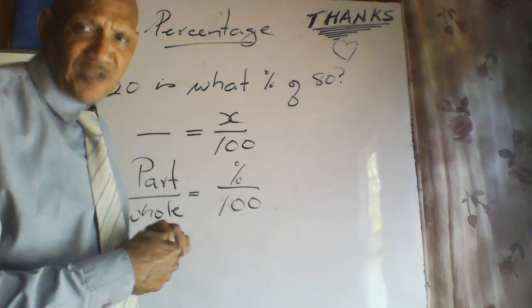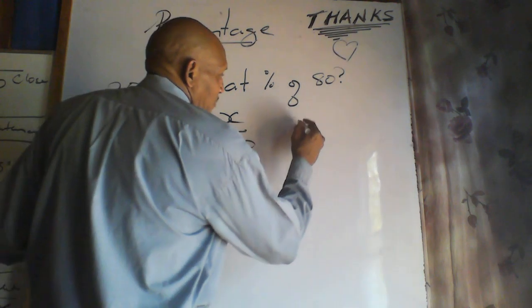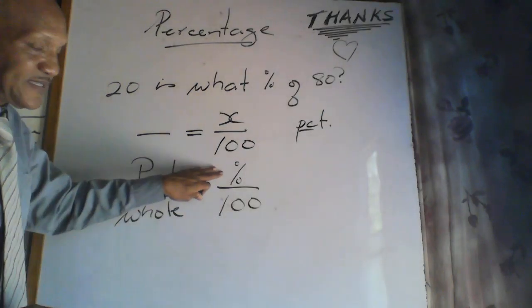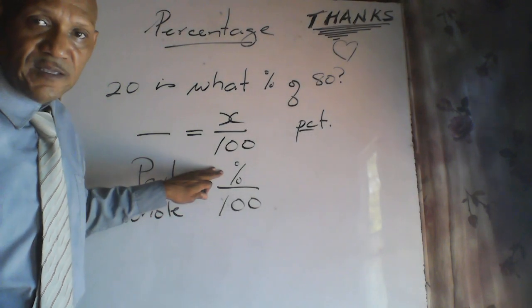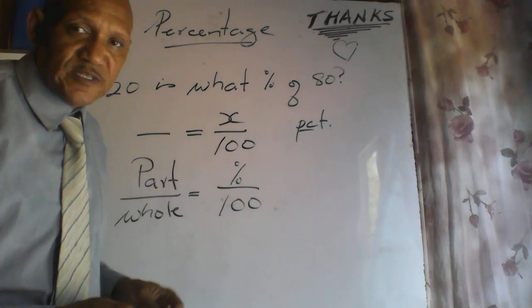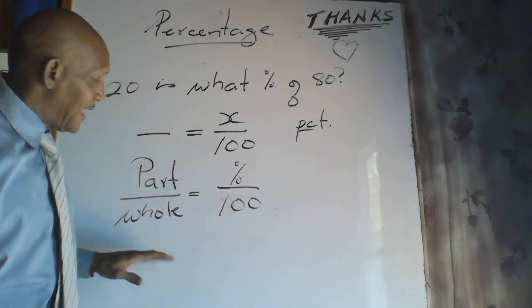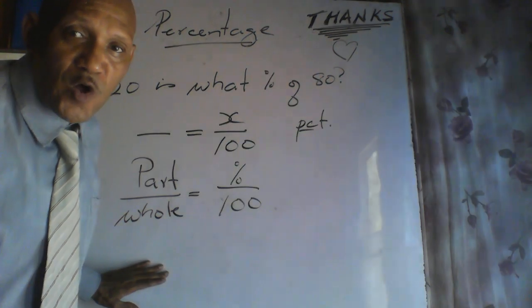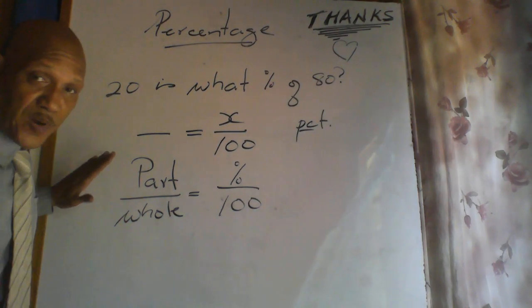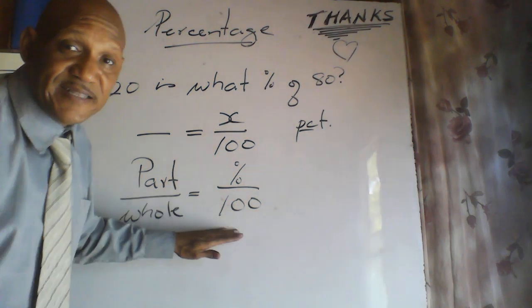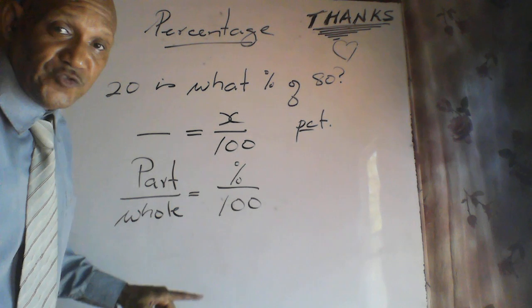You'll see it like this, or sometimes they write PCT for percent. But this symbol is usually used as a percent sign. And my proportional problem is always set up: the part over the whole is equal to percent over 100.